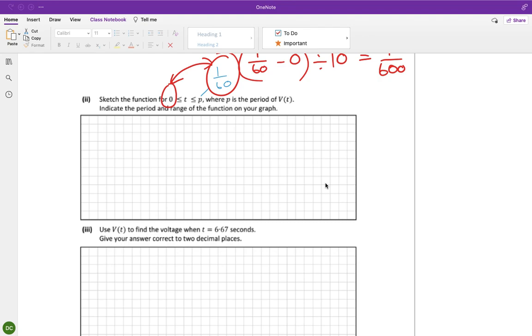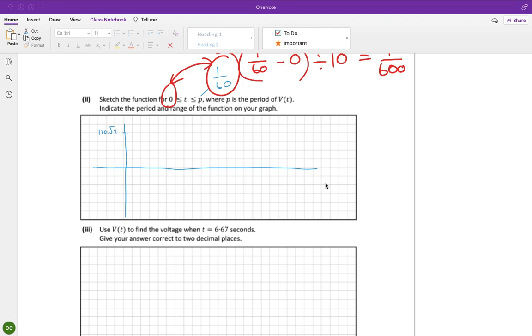Sketch the function. Okay. So, I mean, it is just a sketch, and they didn't give us any graph to kind of work off. I know my max value is going to be the 110, whatever that is. So 110 root 2.